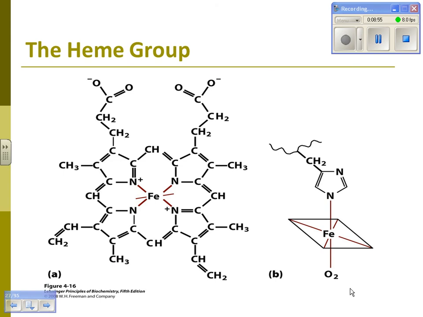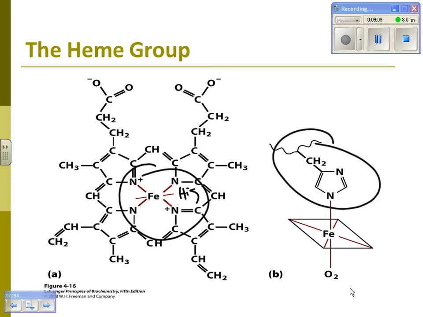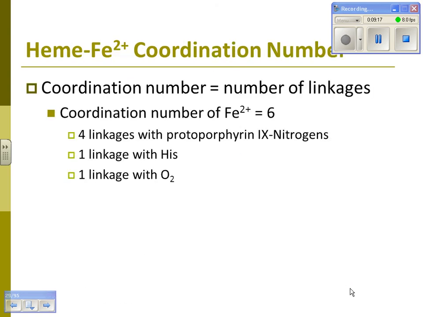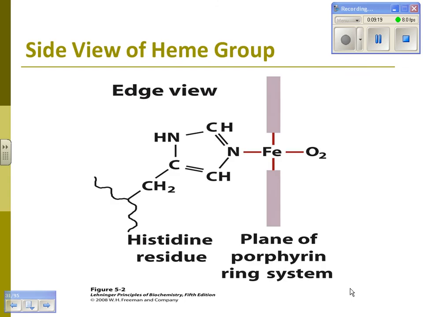So this is the structure of a heme. It's an iron attached to all these nitrogens and then all these other rings. And you have a histidine attached to the iron, which is represented here, and then that's where you carry the oxygen, O2. Don't worry too much about the structure, but you should know this guy.